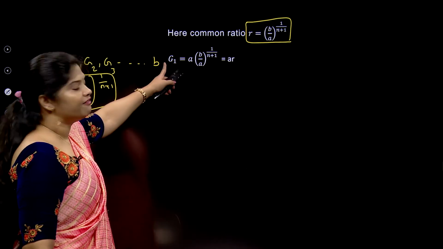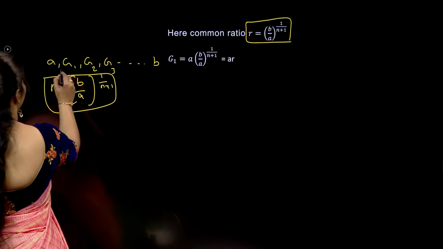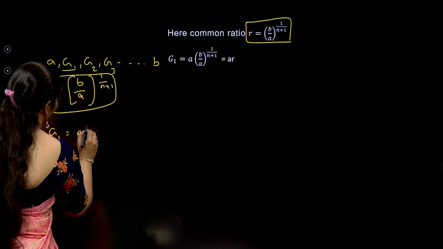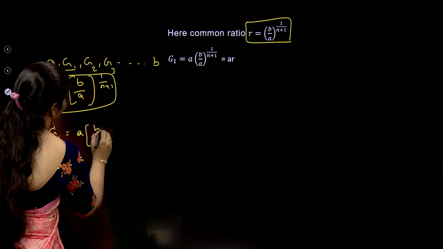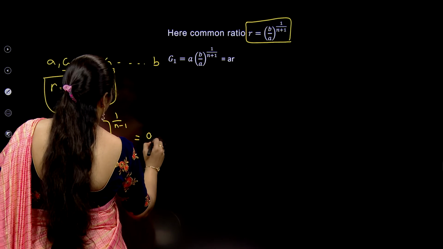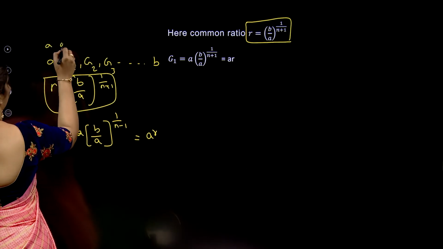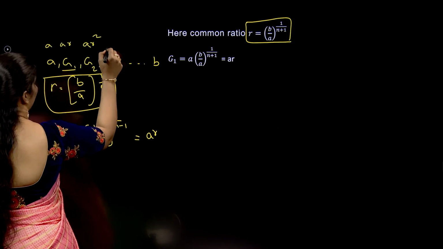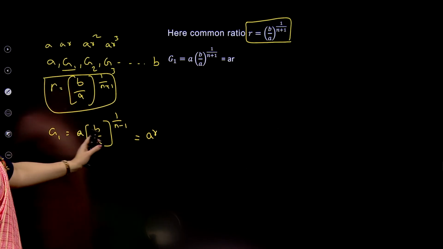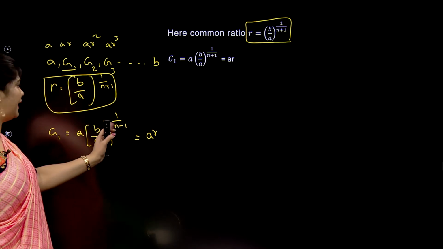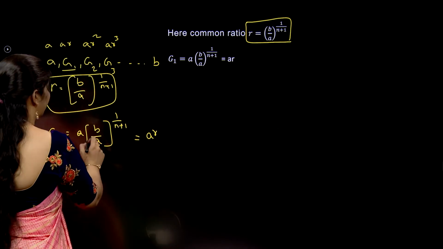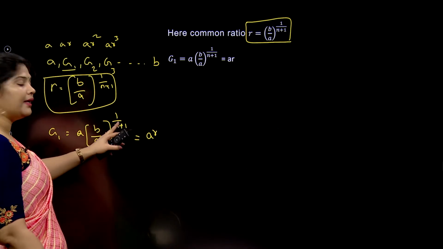And then G1, this is the first one. G1 equals A into (B by A) power 1 by n plus 1. This is AR. The second term is AR square, then AR cube. So here AR equals A into (B by A) power 1 by n plus 1.